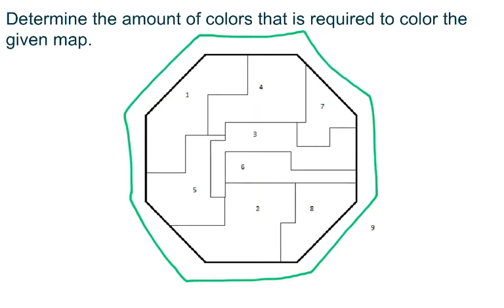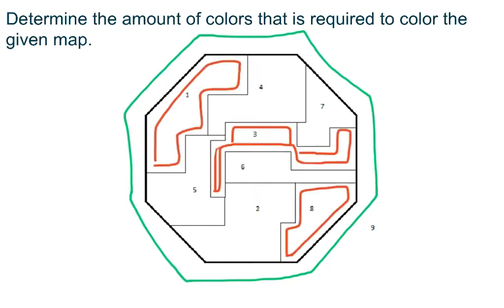That's why it's region number 9. And if you look, it appears that every single region inside of our map touches that outside border. So no other region inside of our map can be colored green. And then regions 1, 3, and 8, they're all separated. They do not share a border, so they are not adjacent.